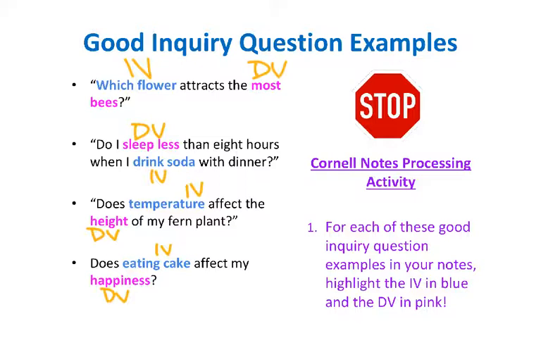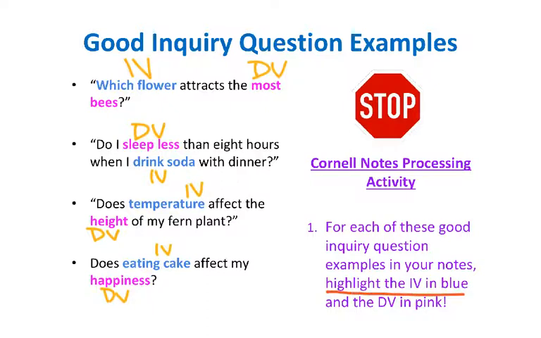So what I want you to do now is go ahead and pause this video, and in your Cornell notes, in your inquiry unit INB, which you should have open in another tab, go ahead and find these questions. Okay, you'll see them right there in your notes, and I want you to highlight the IV in blue.